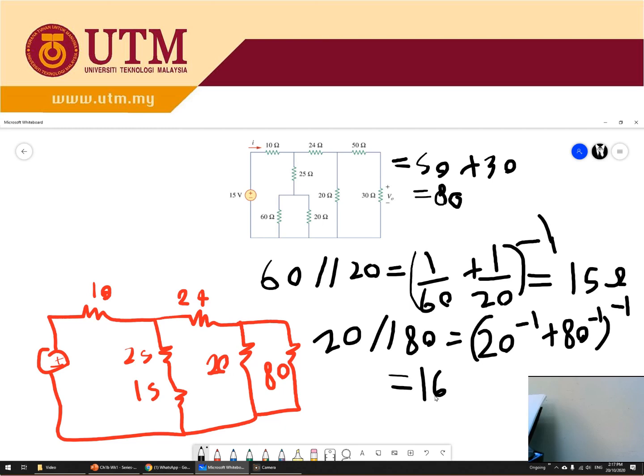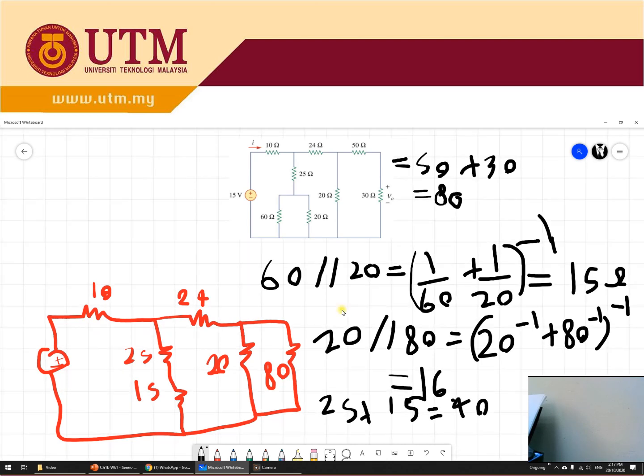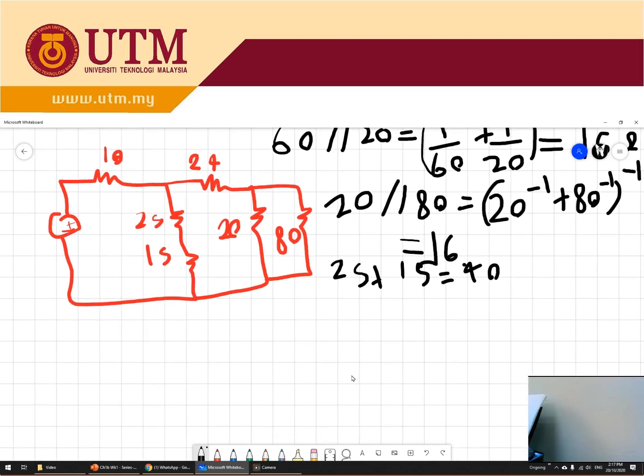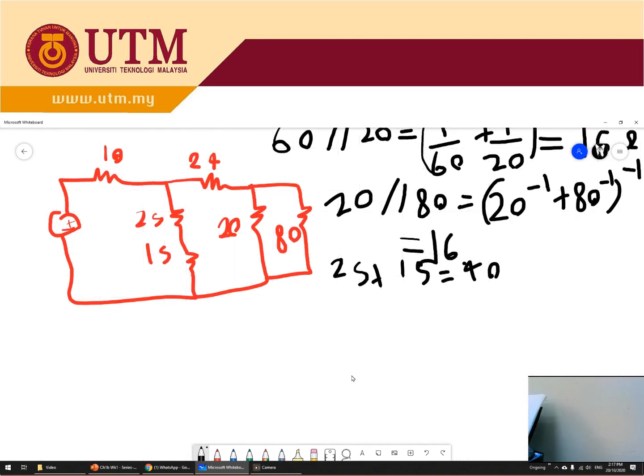So this one is 25 plus 15 equals to 40. So you simplify this again. You have to redraw this again.